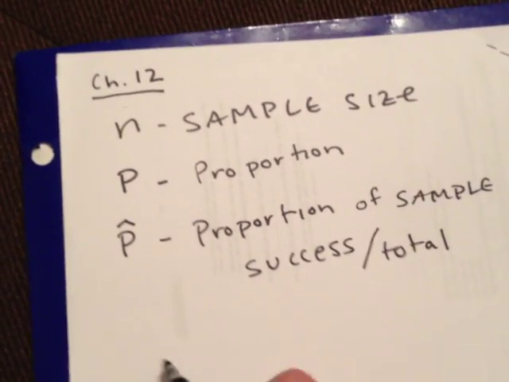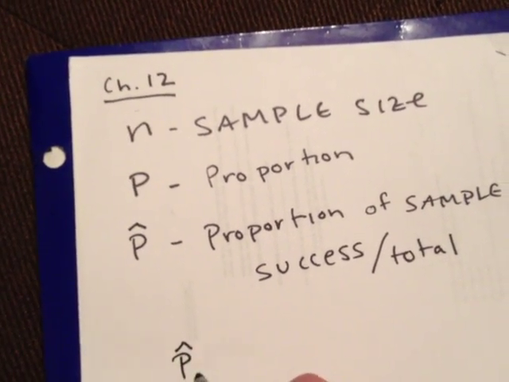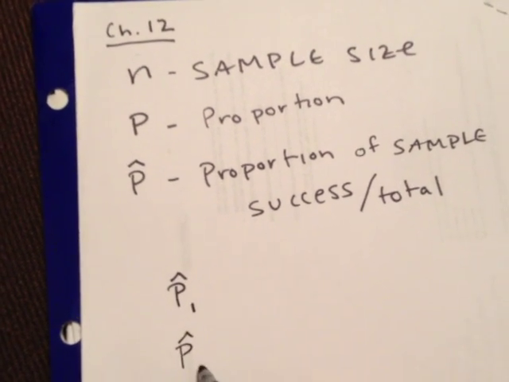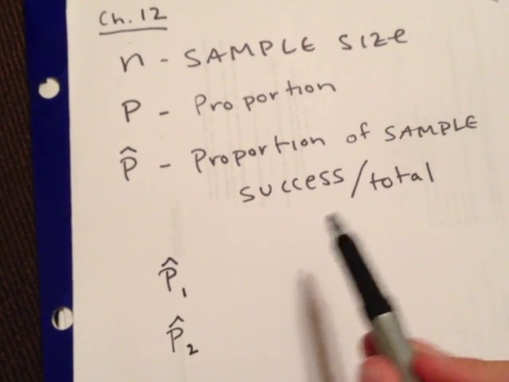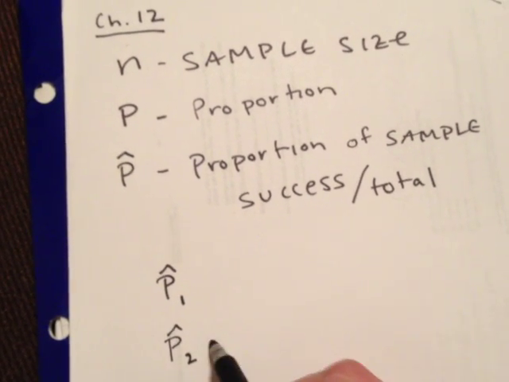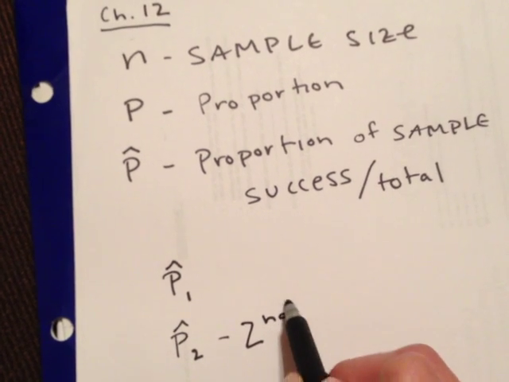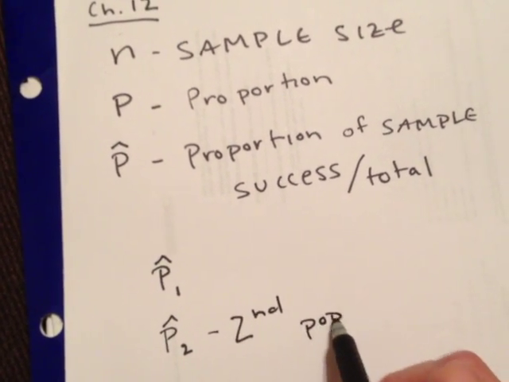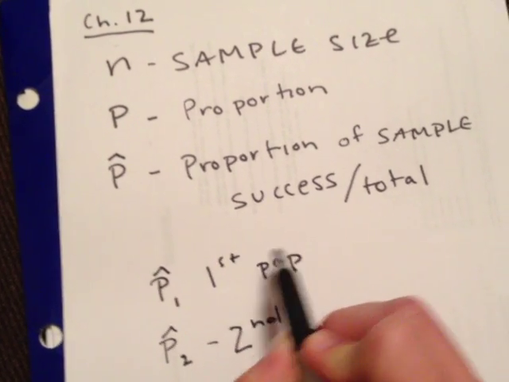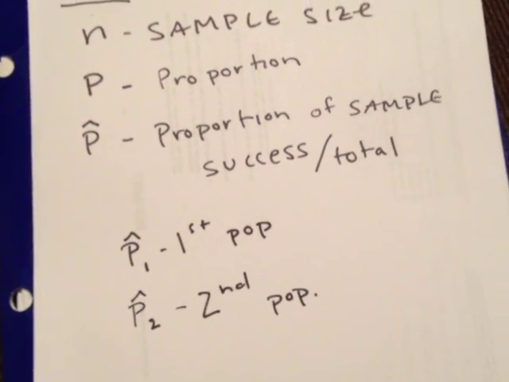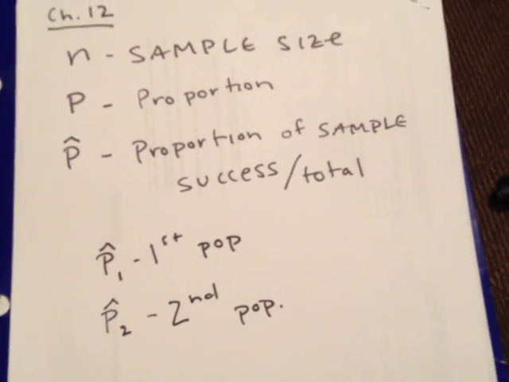You also need to know what p hat sub 1 is: the number of successes out of the total for your first population. The same applies to p hat sub 2, the number of successes out of the total of your second population. That's pretty much everything you need to know prior to this lesson.